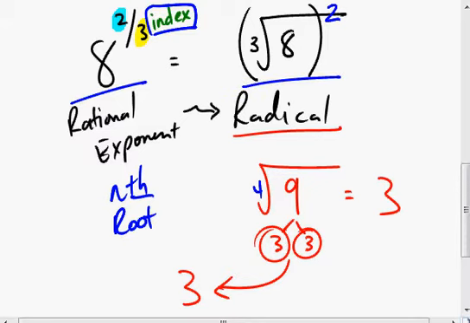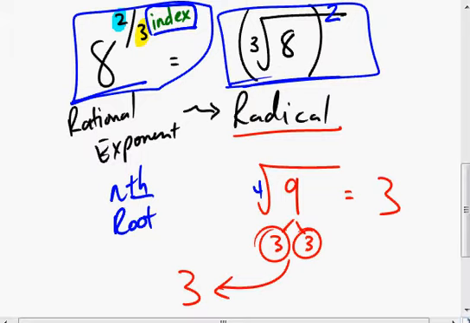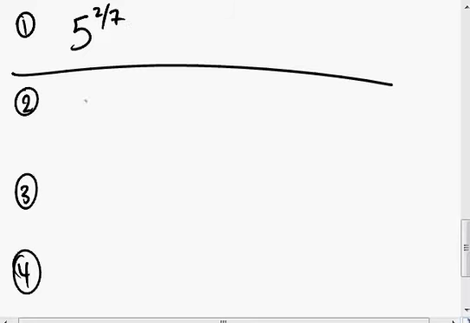So do a couple practice questions like this. What I'm expecting is, I'm going to give you a question that looks like this. I want you to rewrite it so it looks like this. Okay, 5 to the 2 sevenths. Okay, and 6 to the 4 thirds.